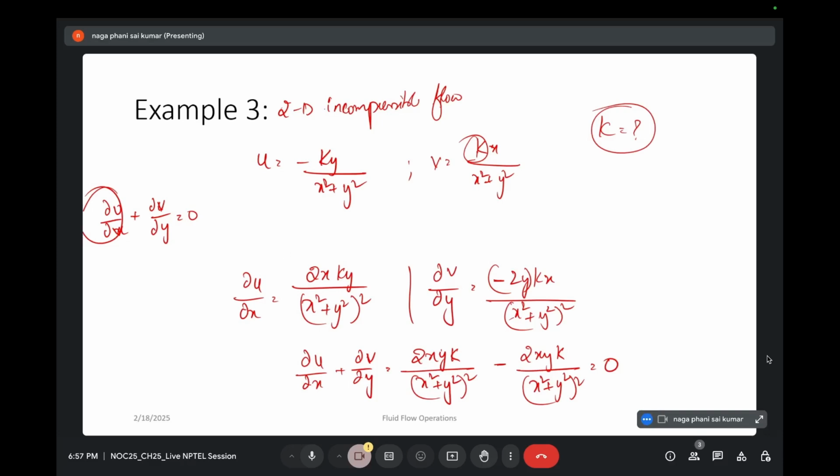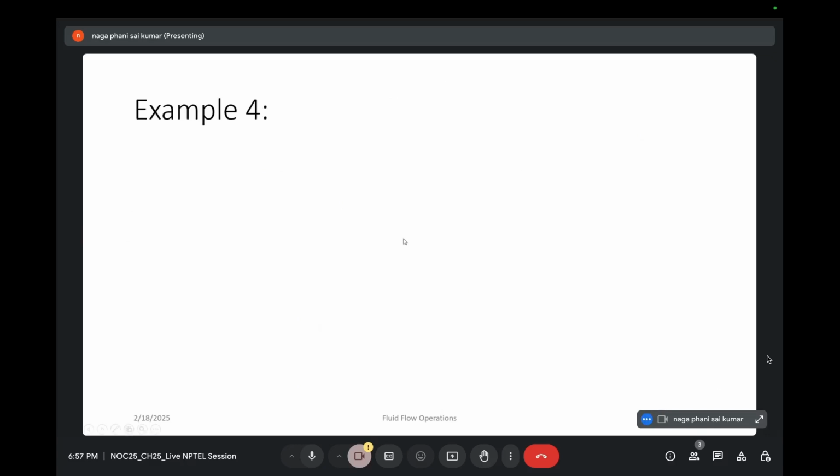So let's see one more problem. Same, we were given an incompressible flow. That is u is equal to x⁴ plus 3z⁴, and w as y⁴ minus 3yz, and we are asked to calculate v.